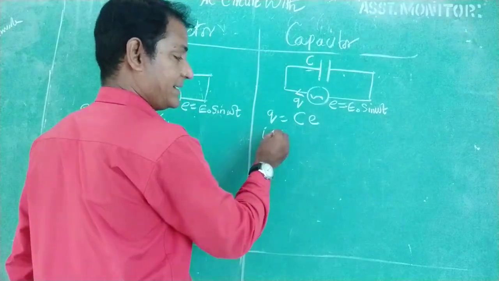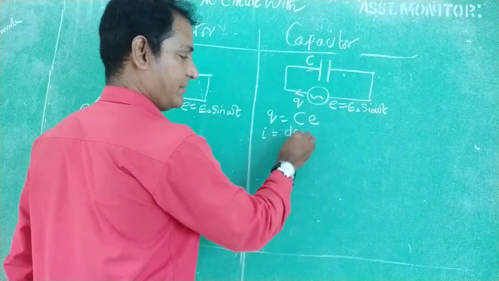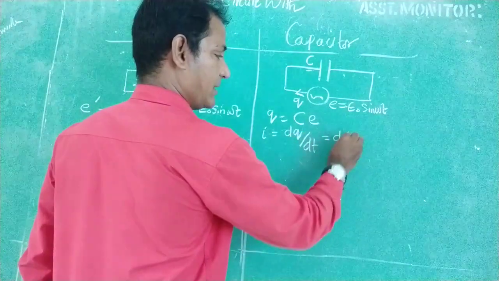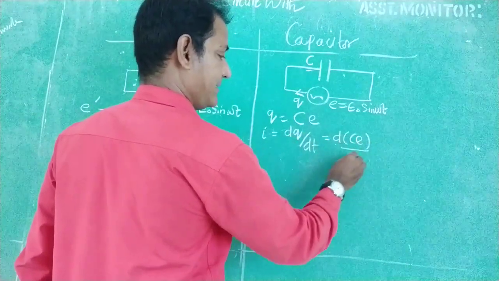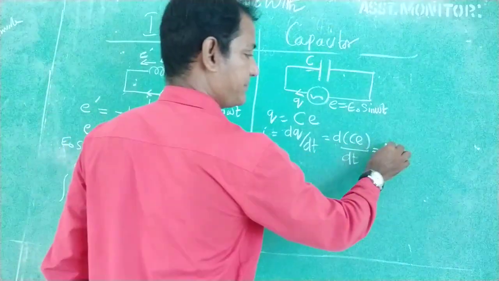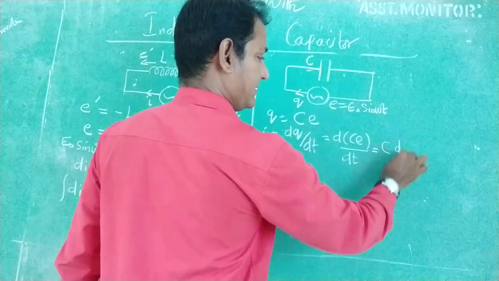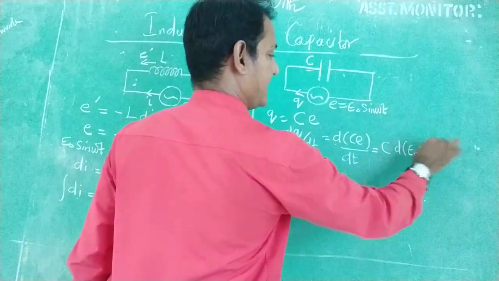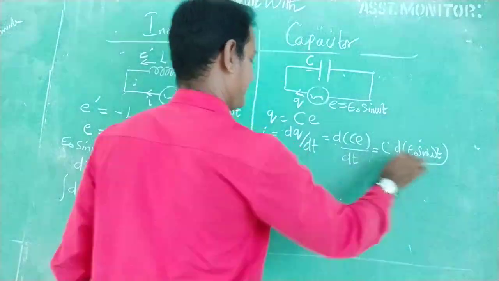So I is equal to the rate of flow of charge. So in place of Q, I am going to put it as CE by dt. Again, in place of E, taking C outside, differentiation of E naught sine omega t by dt.